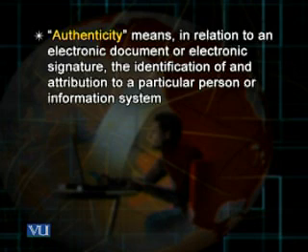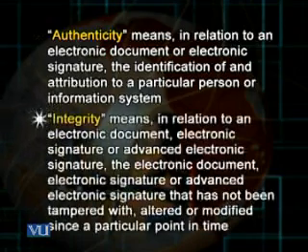So this property, authenticity, means that you can identify the source, the sender of an electronic document with the help of electronic signature. Integrity means in relation to an electronic document, electronic signature, or advanced electronic signature, that it has not been tampered with, altered, or modified since a particular point in time.